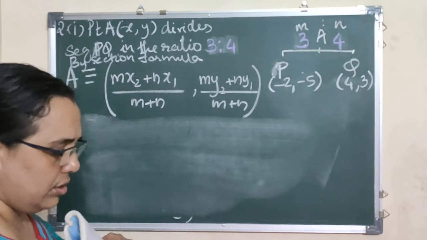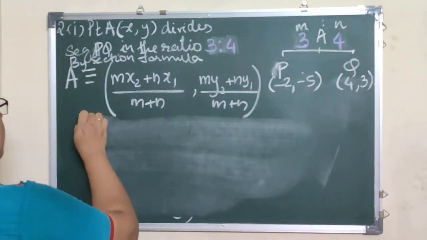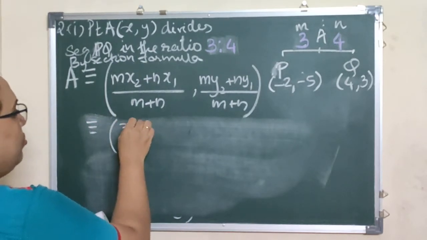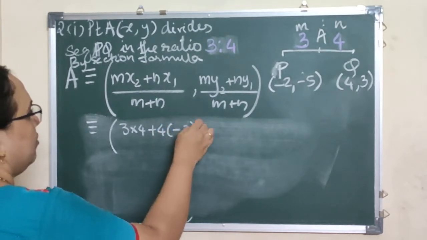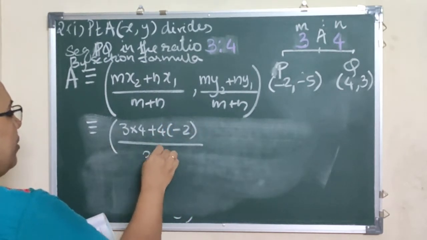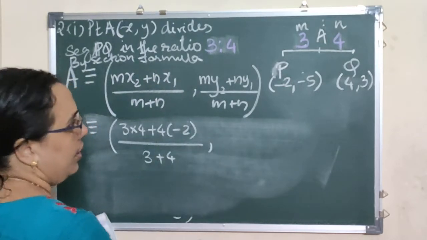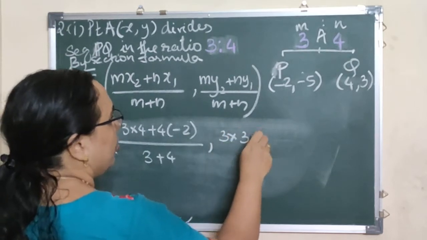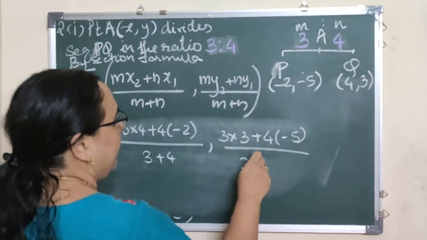Let us start substituting. So what do we get is 3 into 4 plus 4 into -2 upon 3 plus 4. And for the y coordinate, 3 into 3. Yeah, I am sure you will be rushing before me to finish and making me wait.